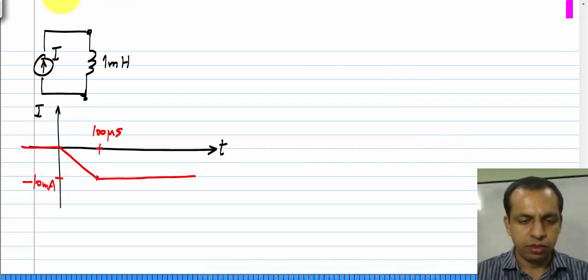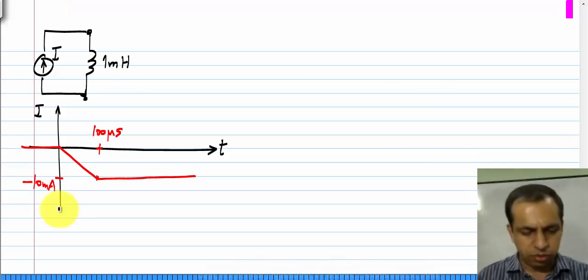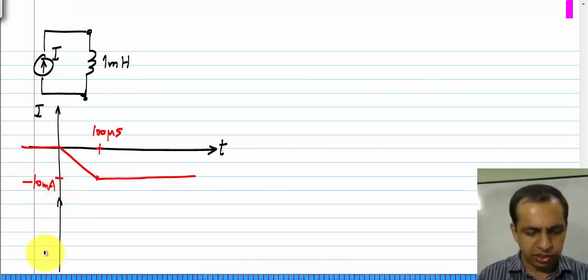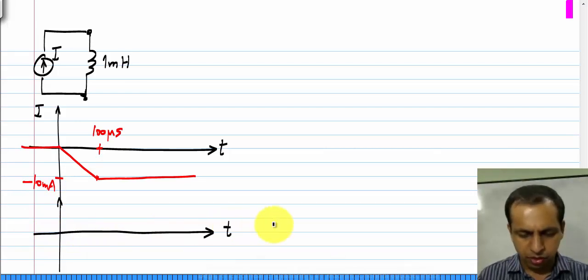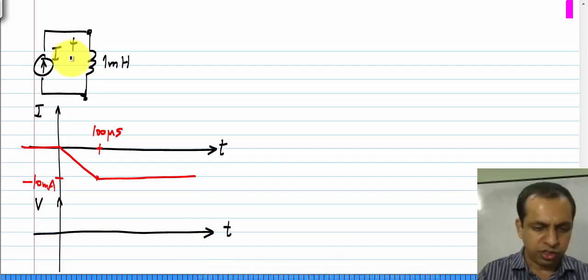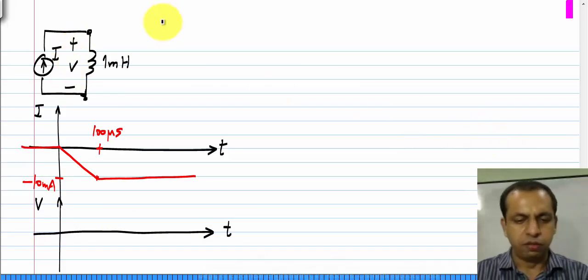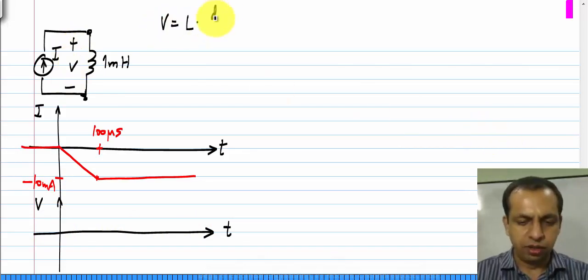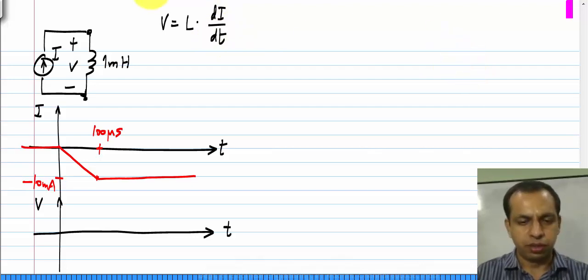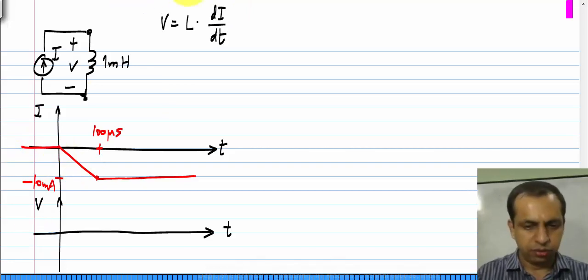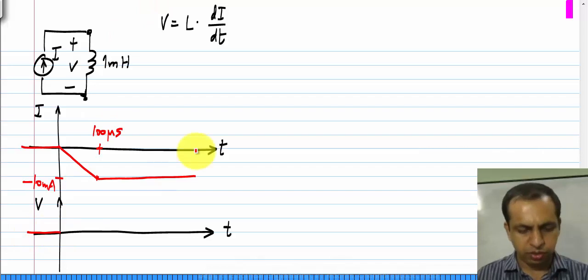Okay. So, we can do all sorts of calculations with this. First, let us calculate the voltage across the inductor in this polarity. We know that V is L times the time derivative of I. Okay. So, clearly before t equal to 0, when the current is not changing, the voltage is 0.